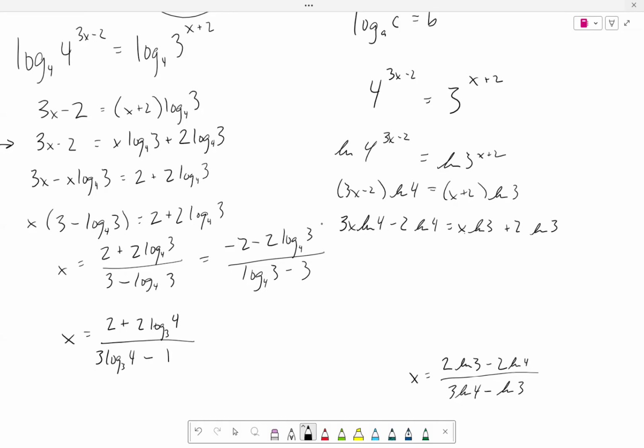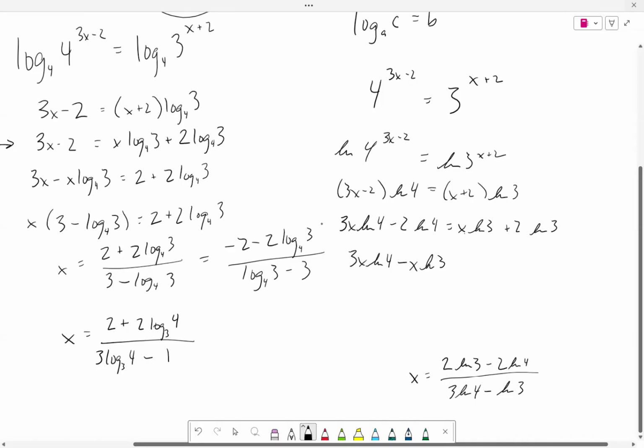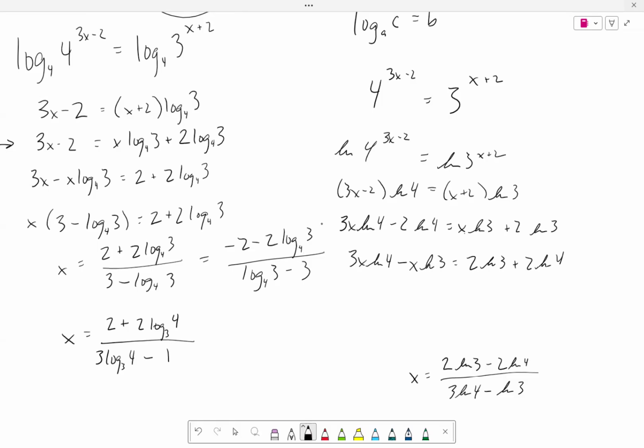I just distributed. And now we have a couple terms with x's. We'll move them both to the same side. It looks like Katie chose to move them to the left. Is that right? Okay. So we have 3x ln of 4 minus x ln of 3 equals, and now moving this one over, 2 ln of 3 plus 2 ln of 4.